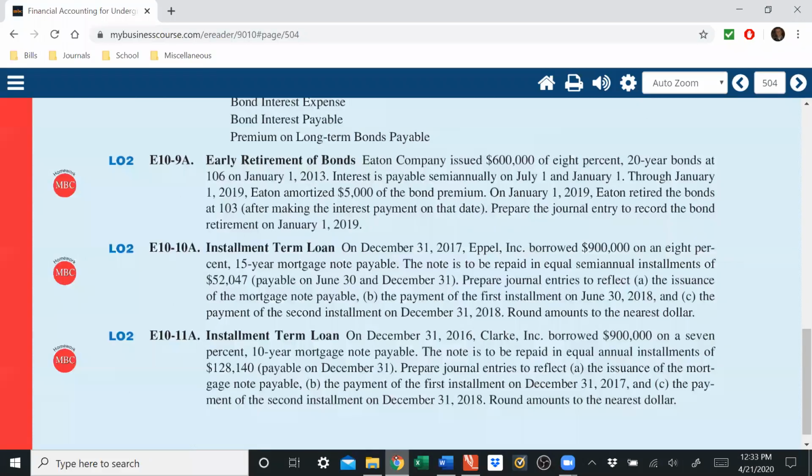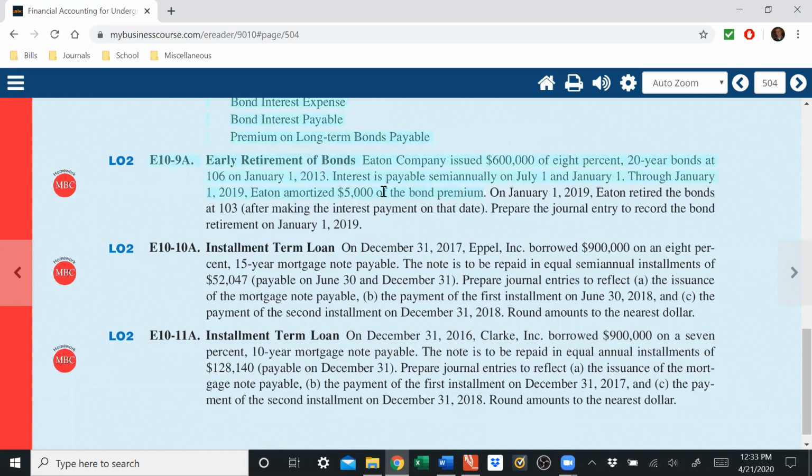All right, what else do they say? Through January 1st, 2019, so that's 6 years. Let me think, 13, 14, 15, 16, 17, and 18. So through January 1st, 2019, that's 6 years, Eaton has amortized $5,000 of the bond premium.